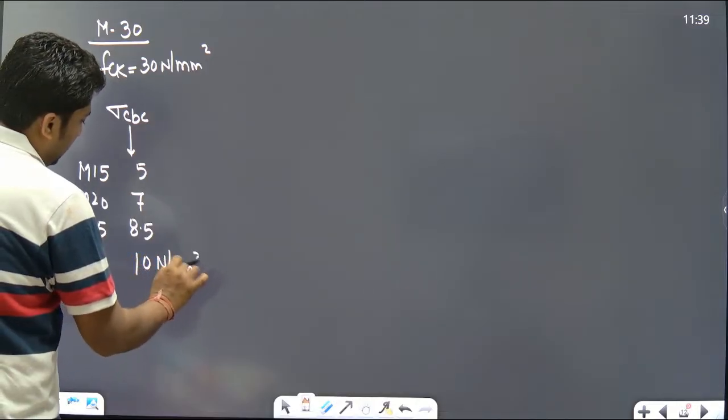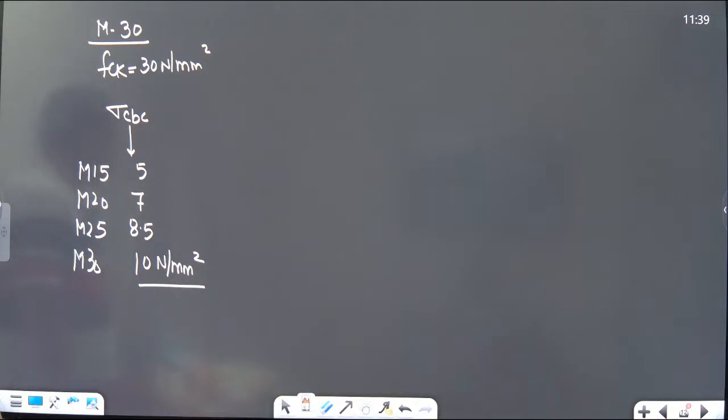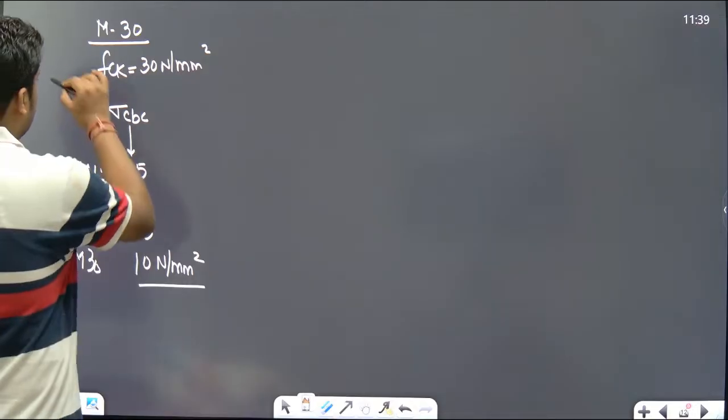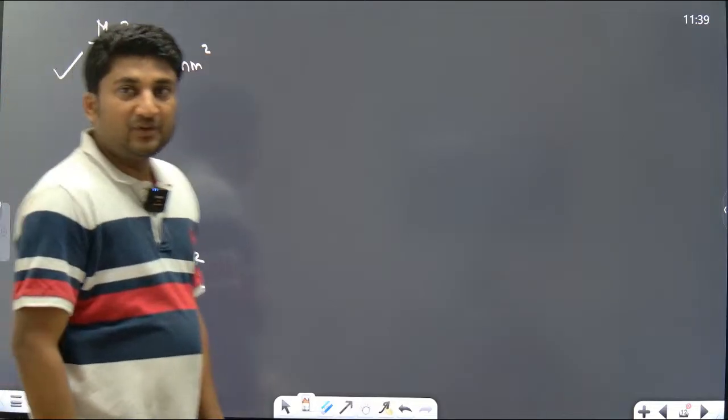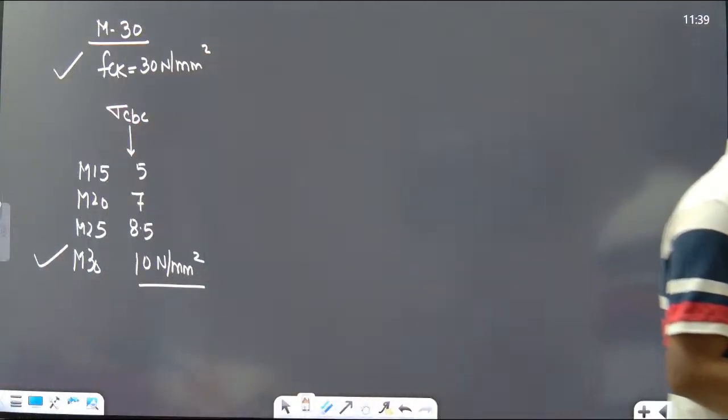So you can see very carefully. Look at this value. FCK is 30 and you are permitting 10. Yes or no?